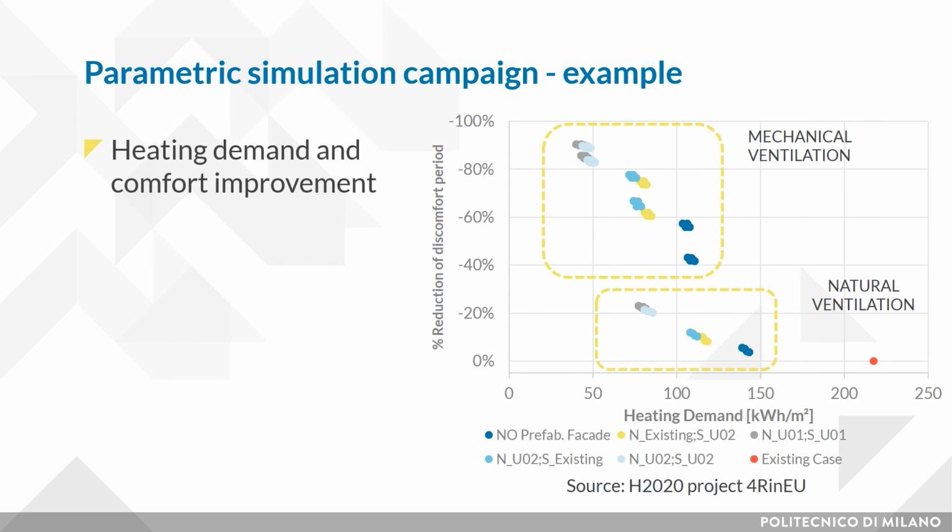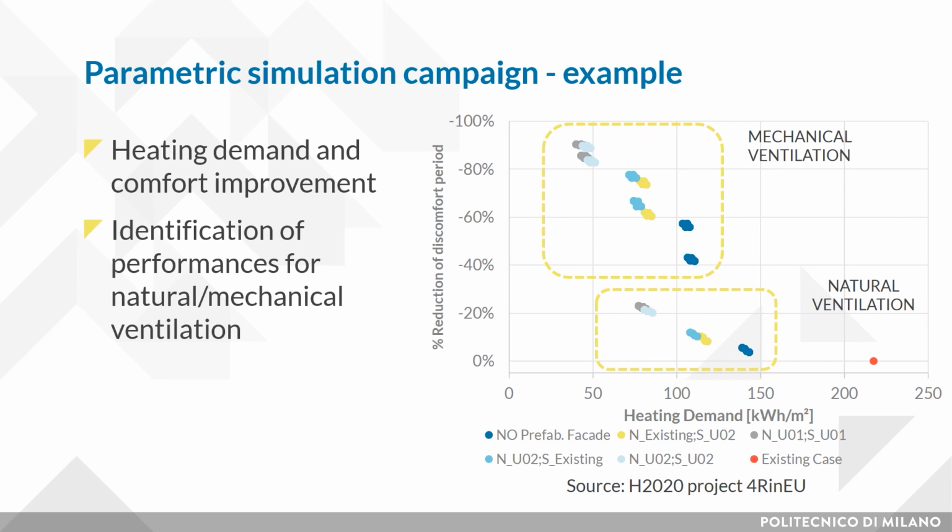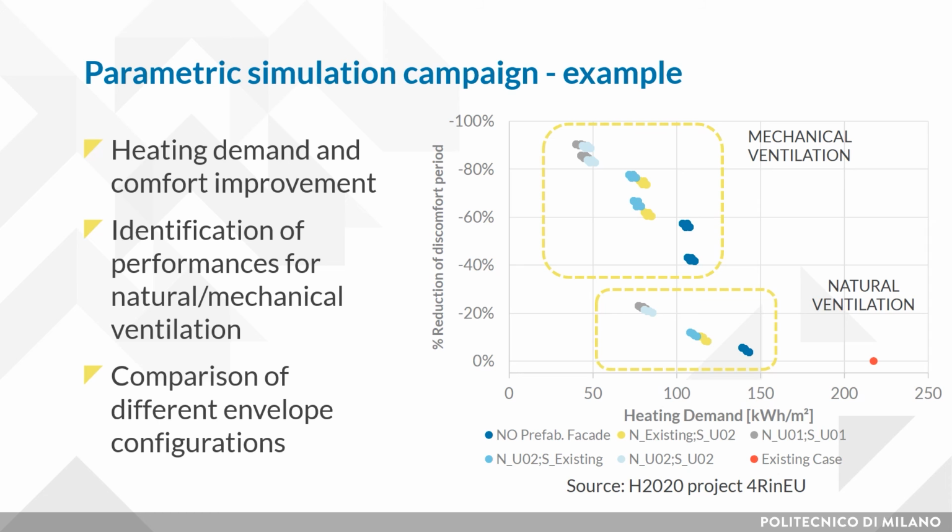This last slide presents a sample of the results, and in particular the comparison of different technical solutions in terms of heating demand and comfort improvements in comparison to the baseline case, that is the red spot. From this chart that reports all the results for the different configurations shown before, it is possible to understand some issues.